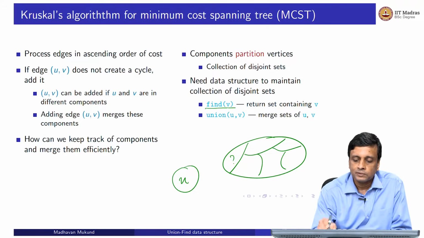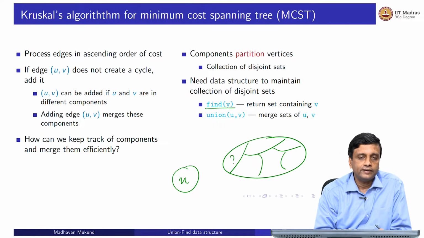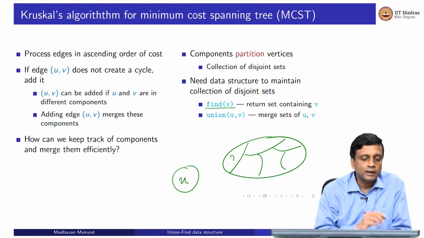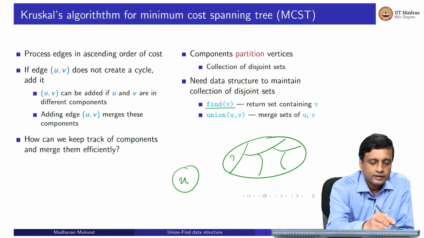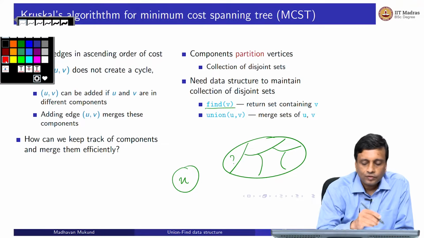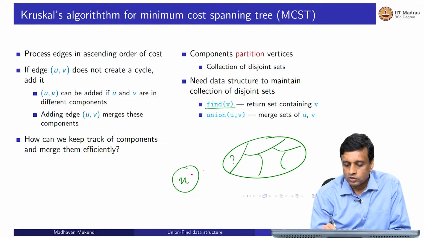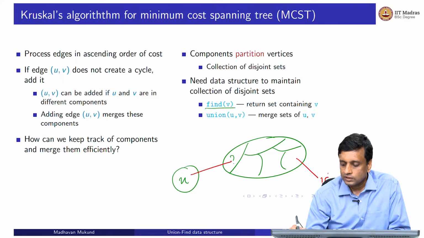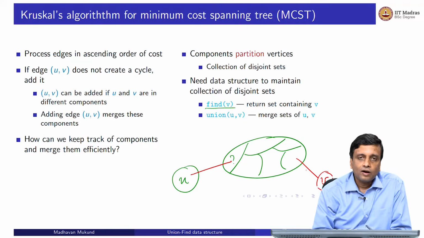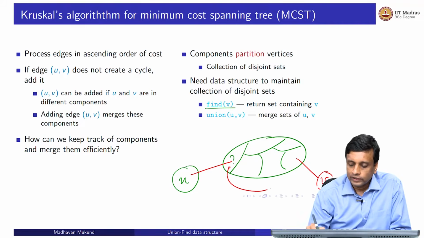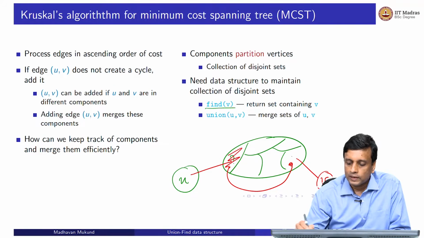So that is this function called find. So find tells us which partition a given vertex belongs to. And similarly, when I take, say, u belongs to this and say v belongs to this, then after this edge has been added, so I have now found an edge which connects u and v, now these two become the same partition.